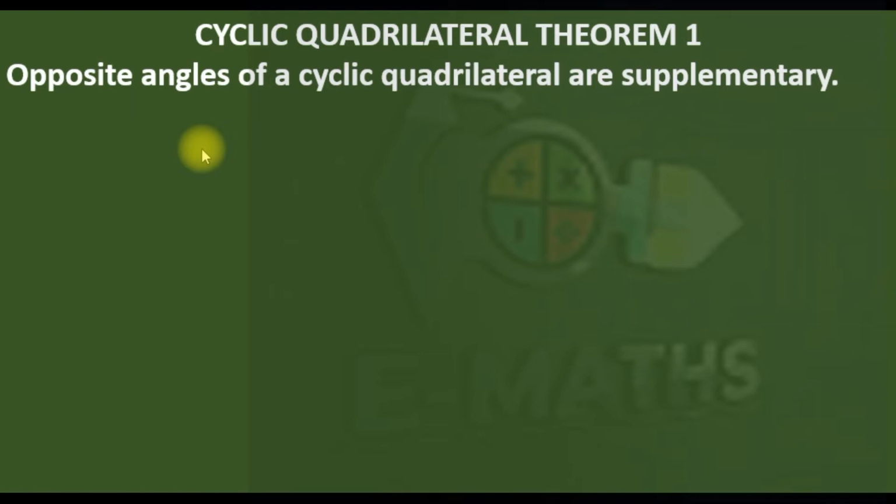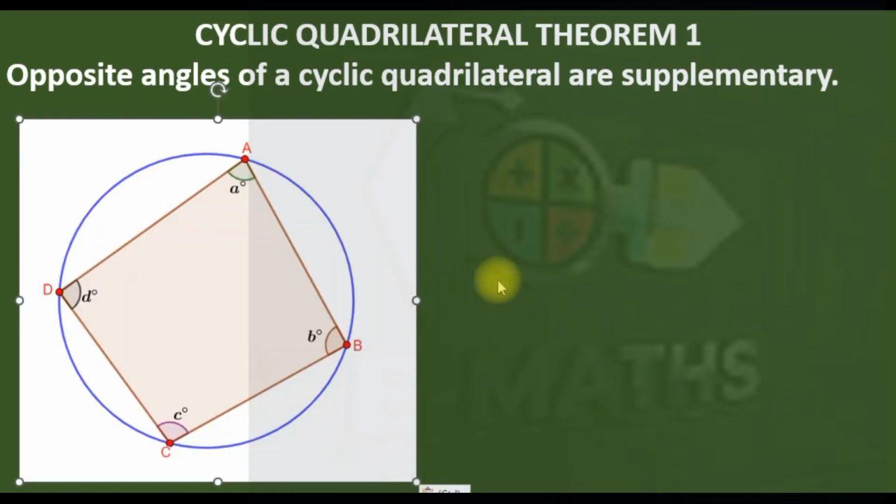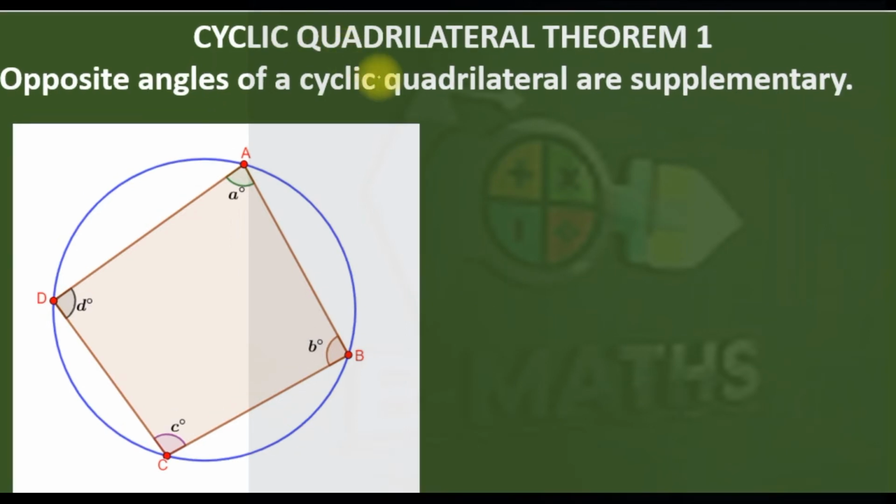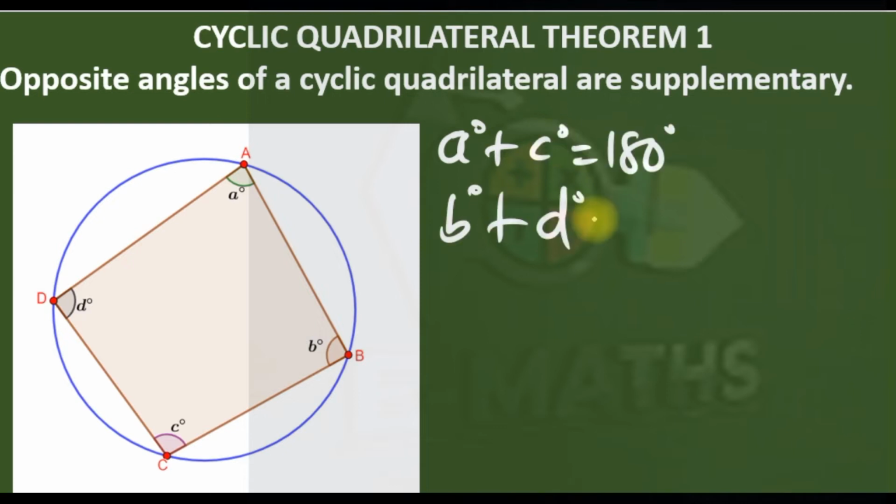So if you have this diagram, from the diagram and the statement, you see that a degree plus c degree is equal to 180, and b degree plus d degrees is 180. So that's the supplementary, they sum to 180.